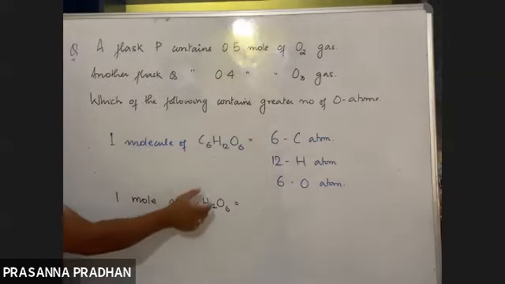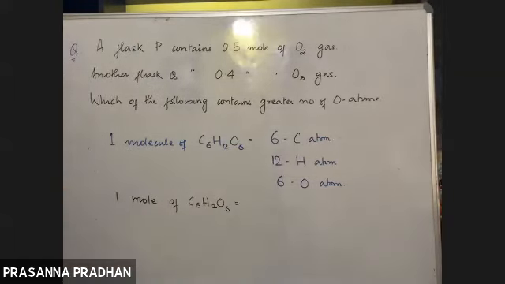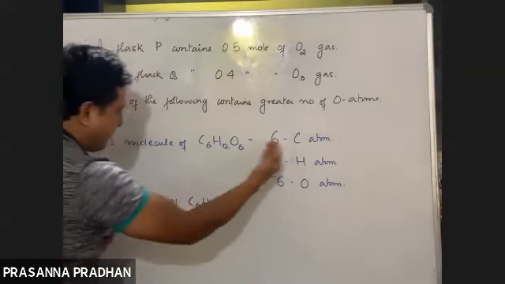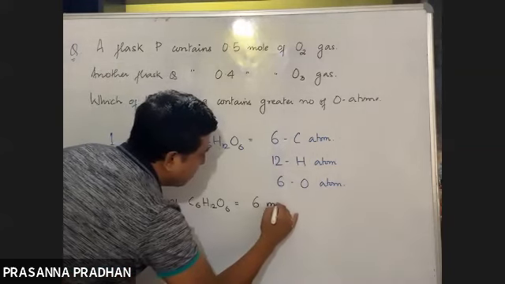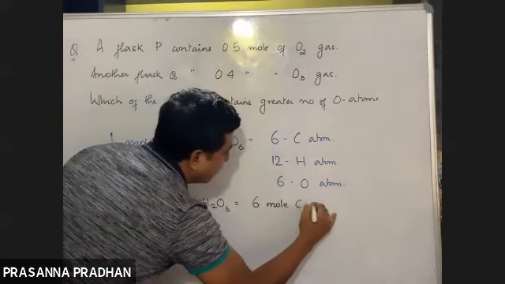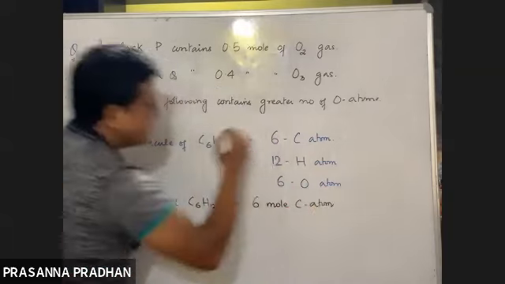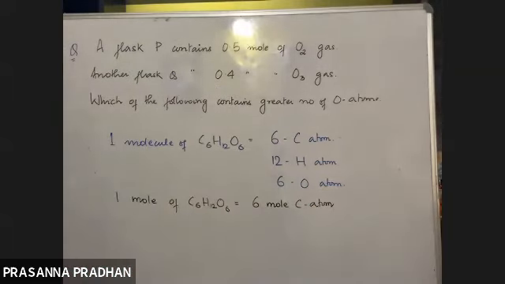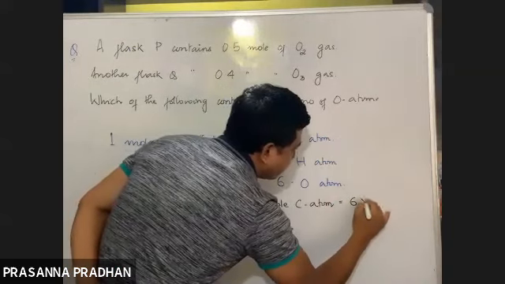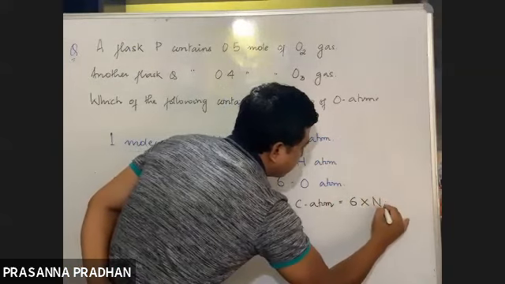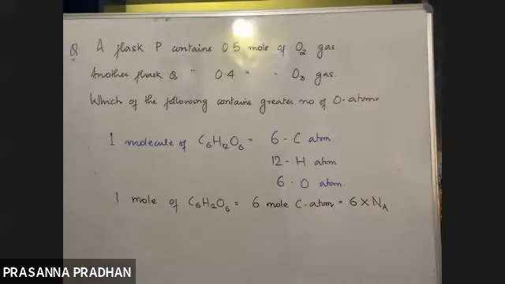So if one molecule contains 6 carbon atoms, 1 mole of glucose contains 6 mole of carbon atoms. So 6 mole means 6 times the Avogadro number of carbon atoms.